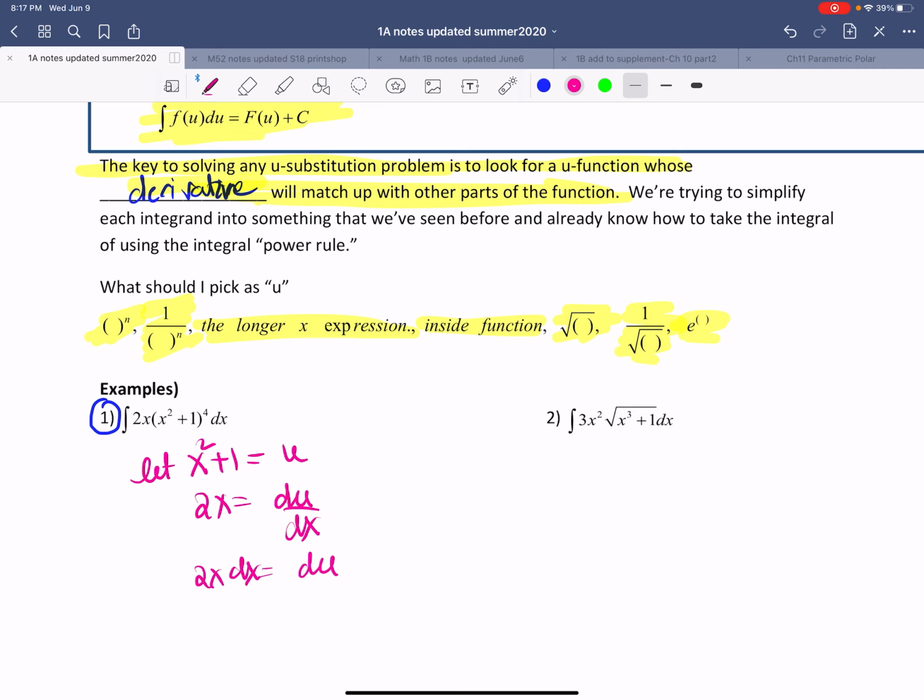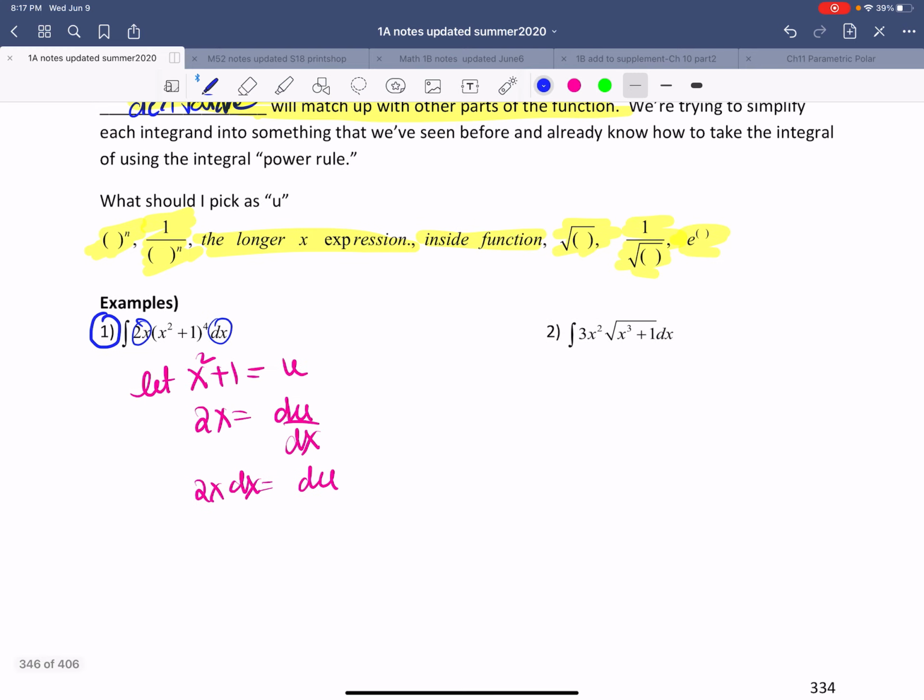So I can see the remaining expression will be my du. So if I write this integral in terms of u, I will have u to the 4th power du, and the integral will be u to the 5th over 5 plus c.